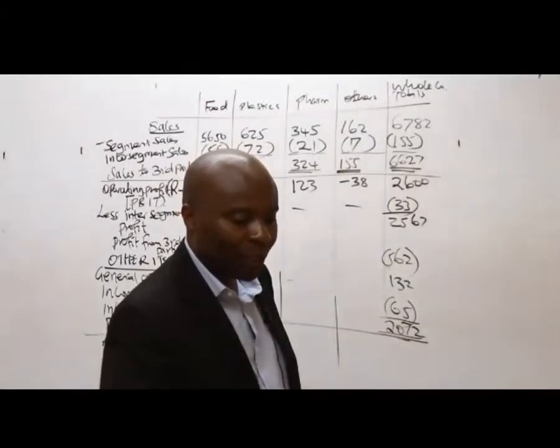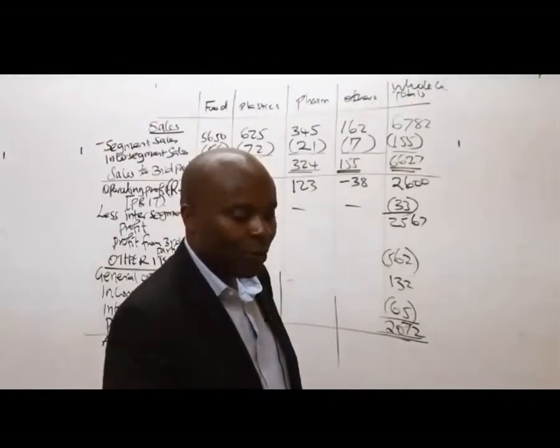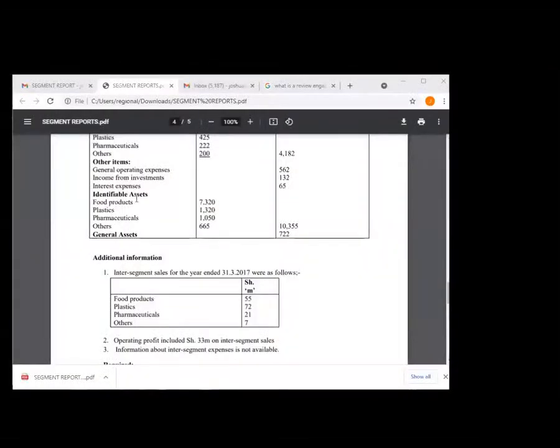I like this topic so much. So go and look at the identifiable assets. I hope you're able to see them here. Identifiable assets, basically, these are the segment assets. Segment assets, I'll write them very fast and then you'll come and pick them up.